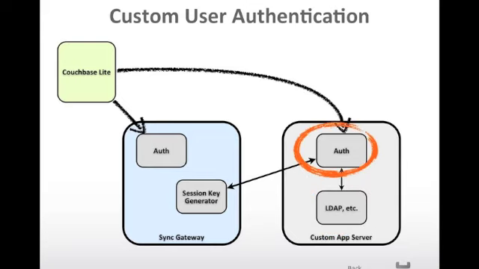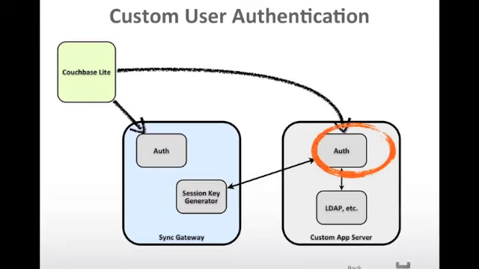Once that process knows who you are, then it can ask Sync Gateway for a session and say, okay, I've got user jchris here. Can I have a session? And I need it to be valid for 2 hours or whatever. And so Sync Gateway will say, sure, here's a session for jchris. The session key is blah.